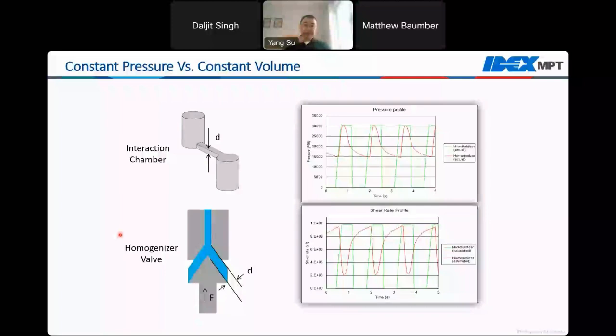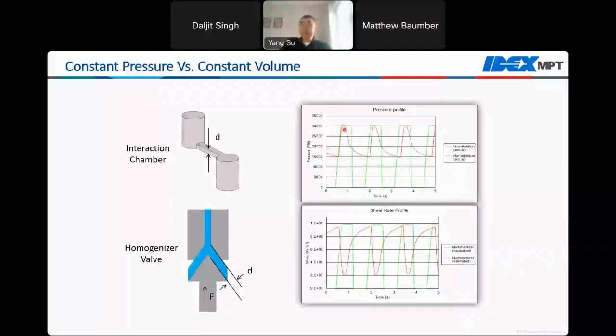So as the pump keeps pushing through, it will generate tiny vibrations to the valve because the gap is usually controlled by a spring. That tiny vibration is exaggerated here in this animation, but if you look at the pressure profile shown here, you can see that tiny vibration can translate into a huge pressure variation, shown in the red curve here as the actual pressure measured for a high pressure homogenizer.